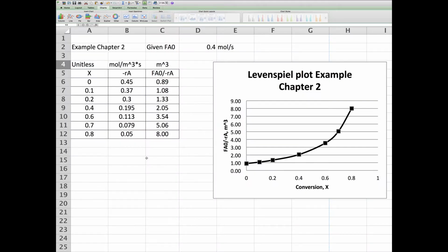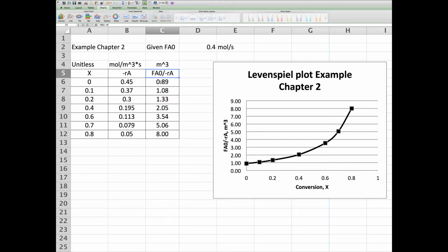So remember that for both the CSTR and the PFR, reactor volume varies directly with the molar flow and with the reciprocal of the rate of consumption of A. So it's easier just for me to show you this in Excel. You can easily do this by hand too. It's not that bad doing the calculations.